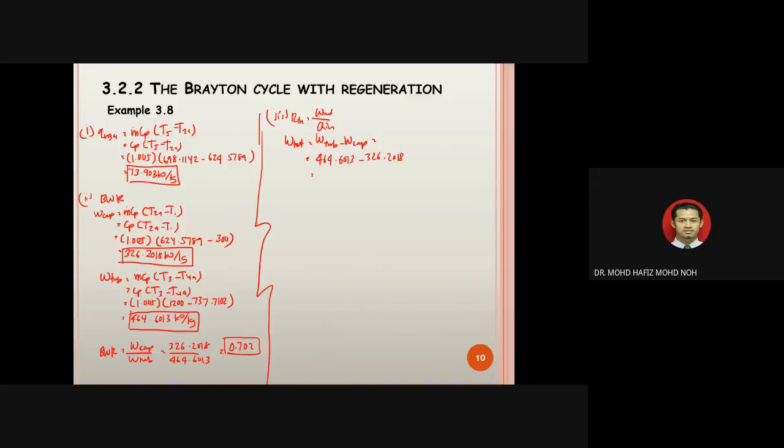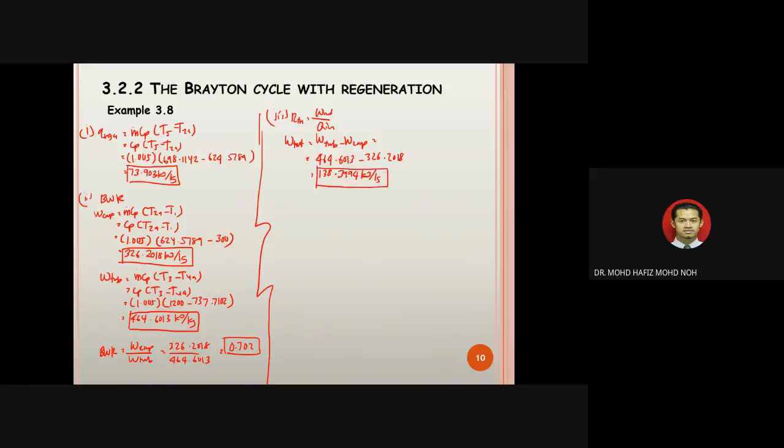So W net is equal to 138.3994 kilojoule per kg.